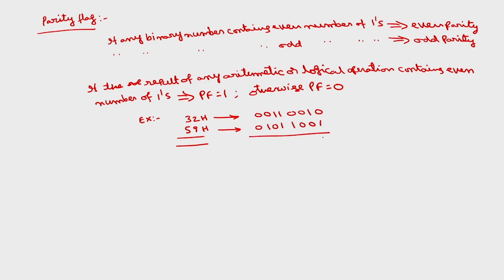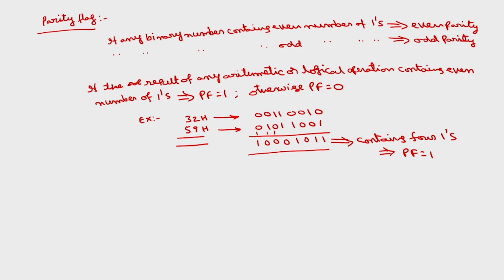If we add these, we get 1000 1011. How many ones are there? This contains 4 ones. So, the parity flag is set because 4 is an even number. It contains an even number of ones, so the parity flag is set. This is a simple flag.